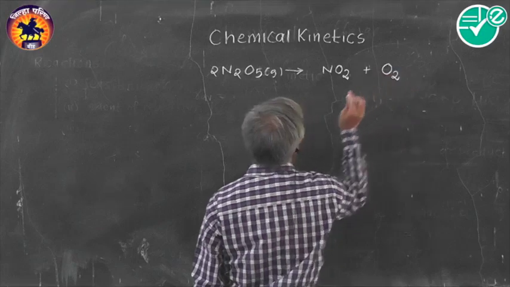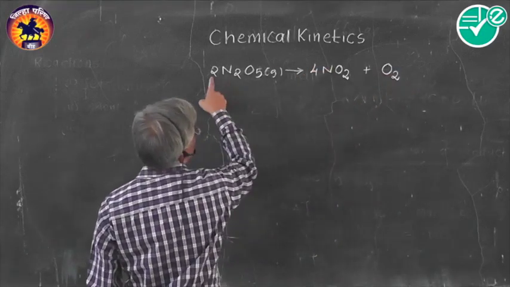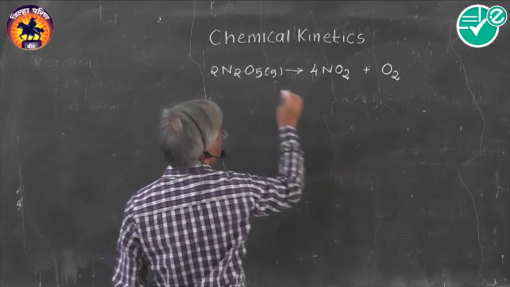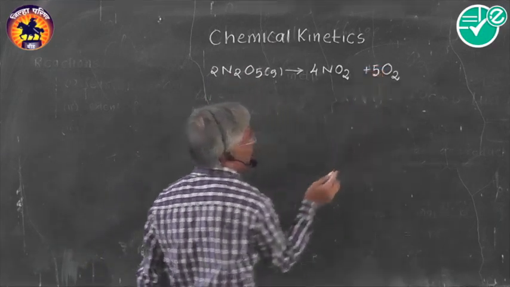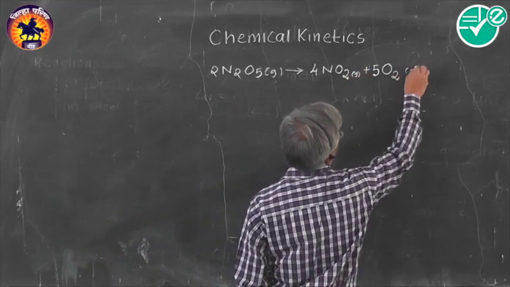Now balance the reaction. We have 4 moles of NO2, 4 moles of this is 10 moles. So write 5 moles of oxygen here. Of course, all are in gaseous state.